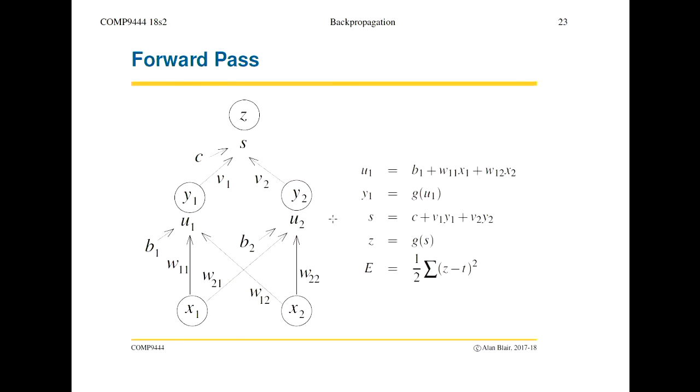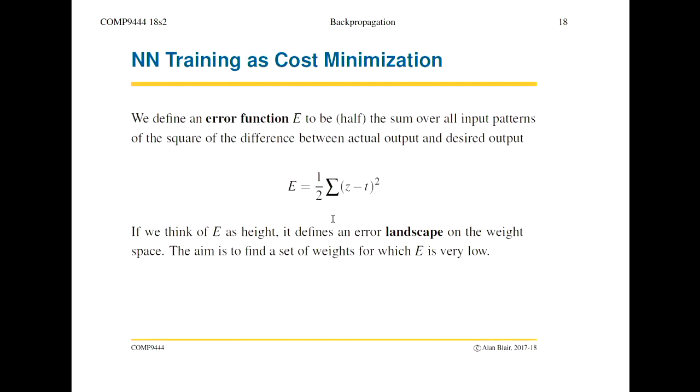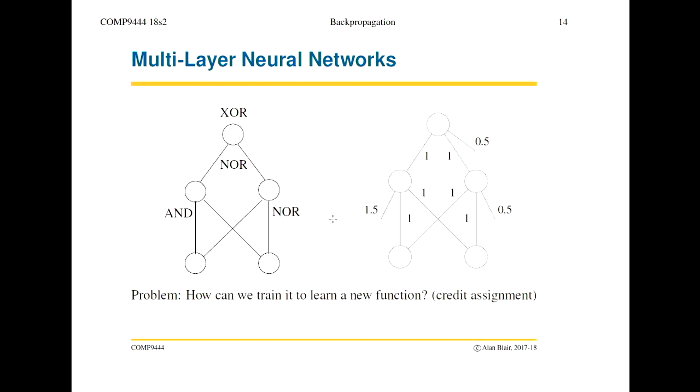I wanted to pick up on something. If you remember at the end of last week's lecture, I was talking about the credit assignment problem. The reason that the perceptron learning algorithm with the step function doesn't work in this situation is because of credit assignment. If this thing produces the wrong answer, it's hard to tell whether it was because of these weights or these weights or these weights.